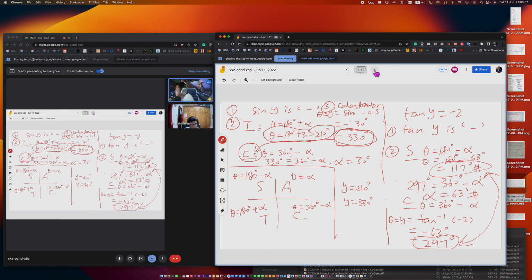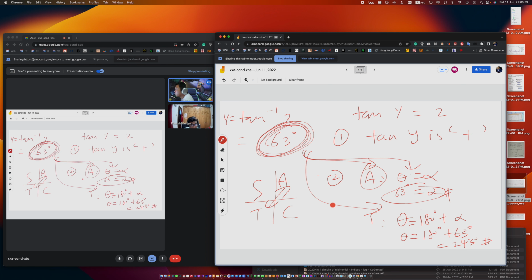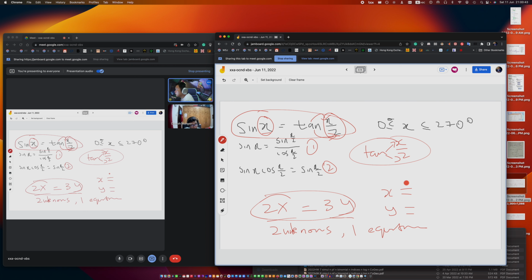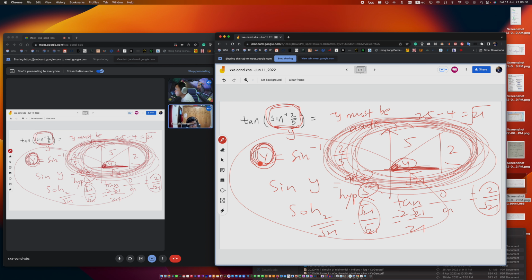Okay, good. Then the fourth one is also the all science teachers are crazy. This one I will take home because I think it involves some double angle formula. But for this one, they say the exact value, so you need to make use of this. I'm at slide 6. When I move the slide to your screen, move.